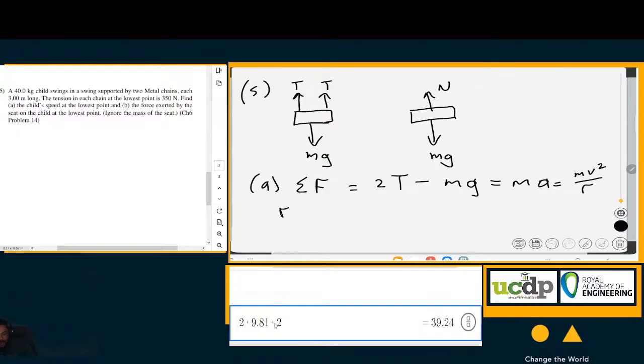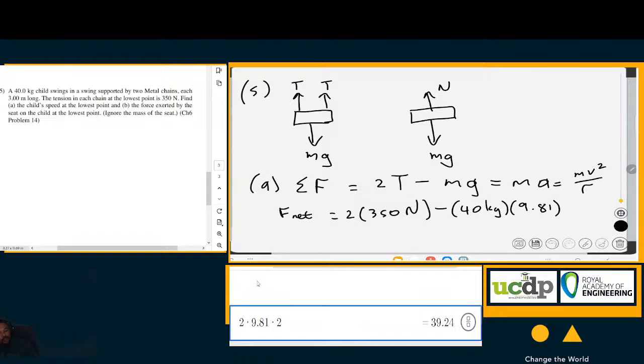So F net, the net force, is equal to 2 times, what's the tension? 2 times the tension, which is given in the problem as 350 newtons, minus the weight of the child, who has a mass of 40 kilograms, times 9.81.